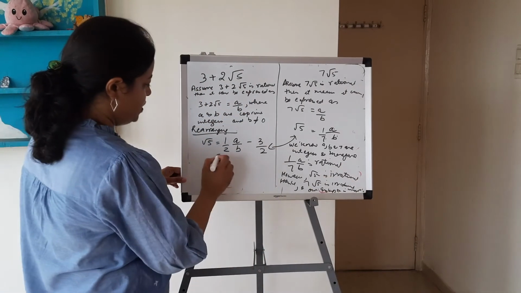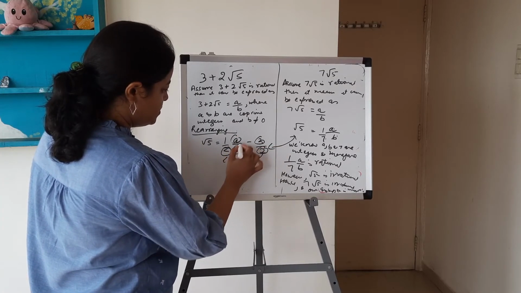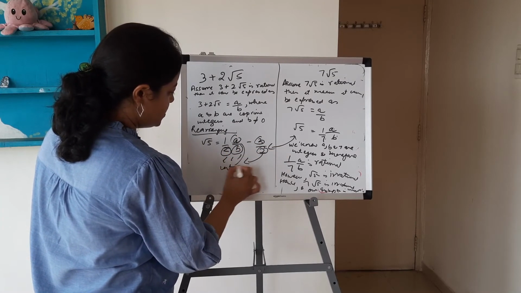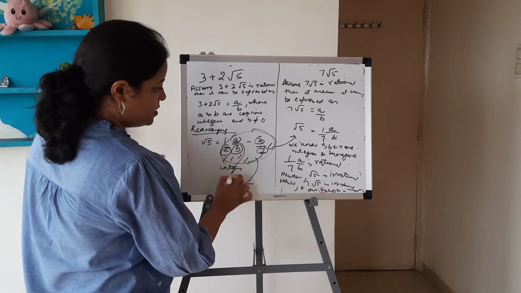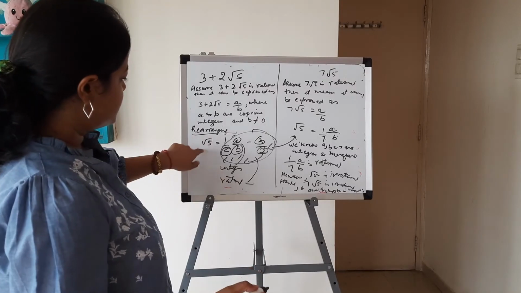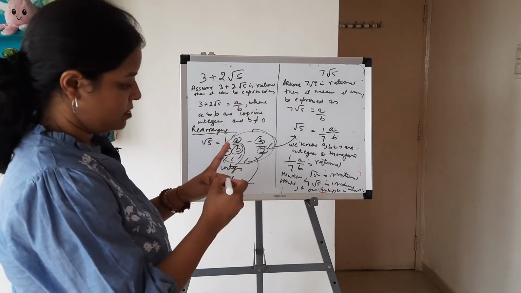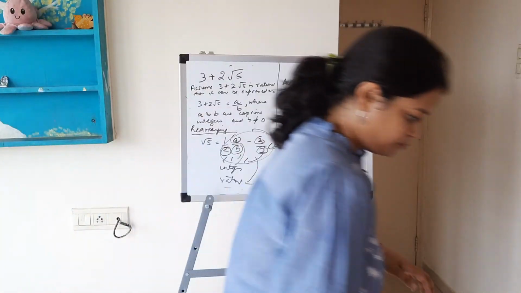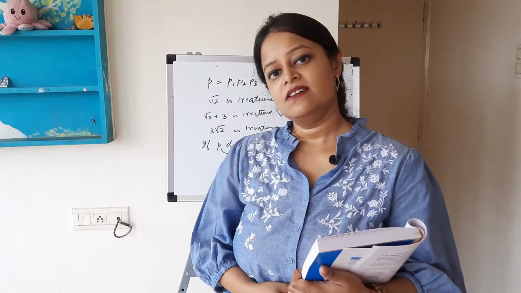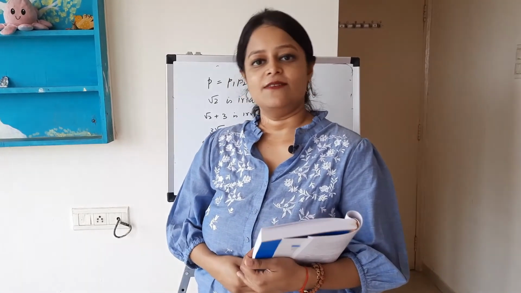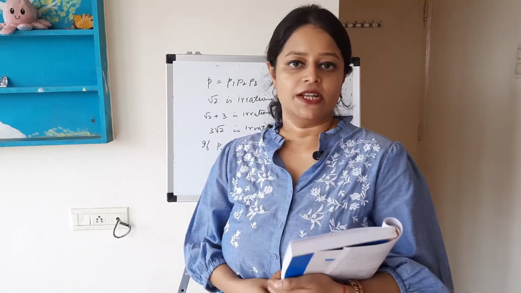Similarly here, we know 2, a, b, 3, 2 all are integers and hence this expression becomes a rational number, and we know that this is irrational, and hence our original assumption is incorrect and therefore it is an irrational number.